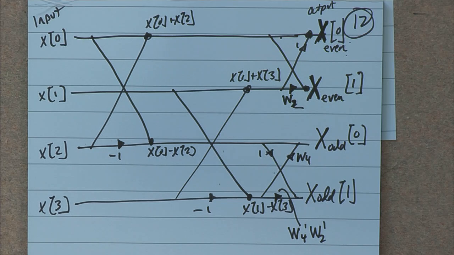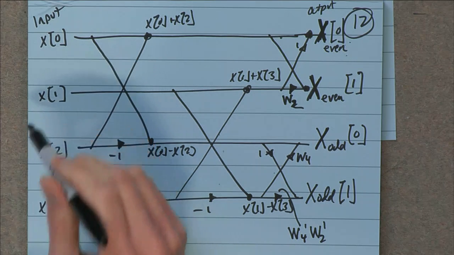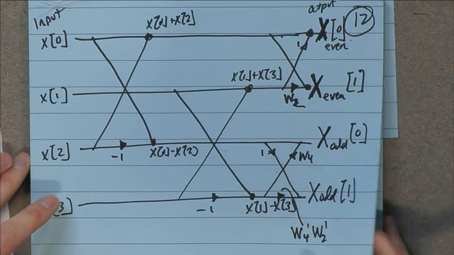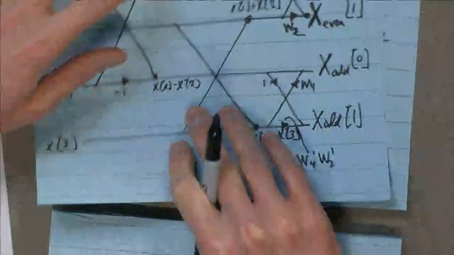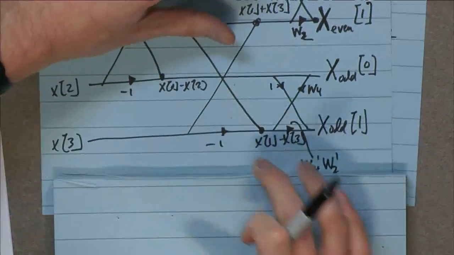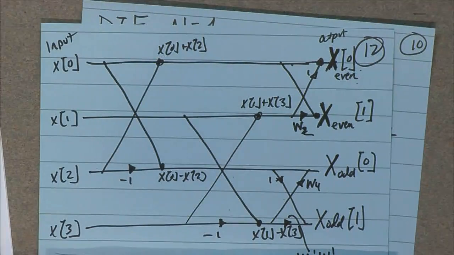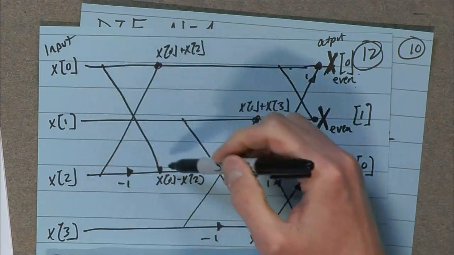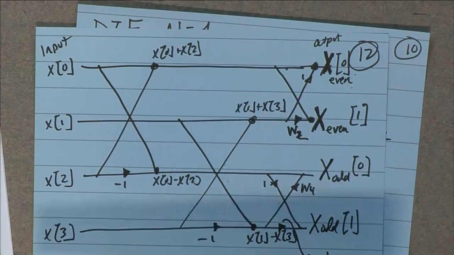But there is a special kind of a relationship between these guys, and you can tell that if we swap these two rows here, you'll get basically the same flow graph. So let's try that on this page here. So let's see if we flip these two. Now instead of going twice as far down, x2 is now close to x0.